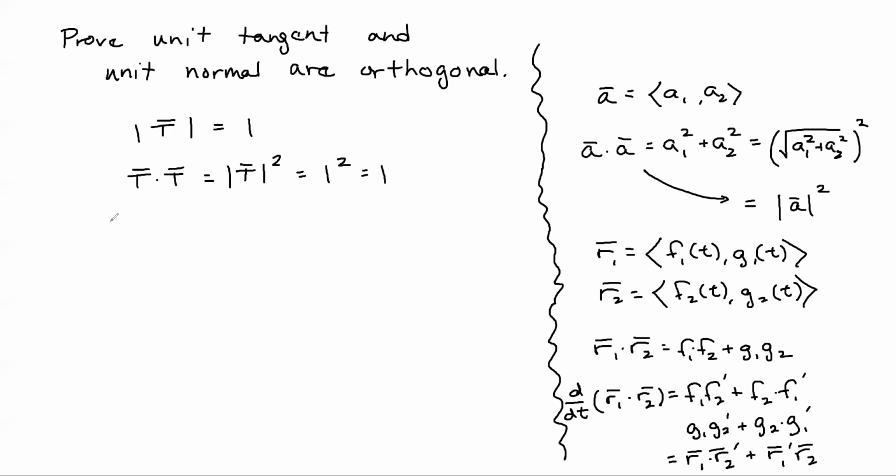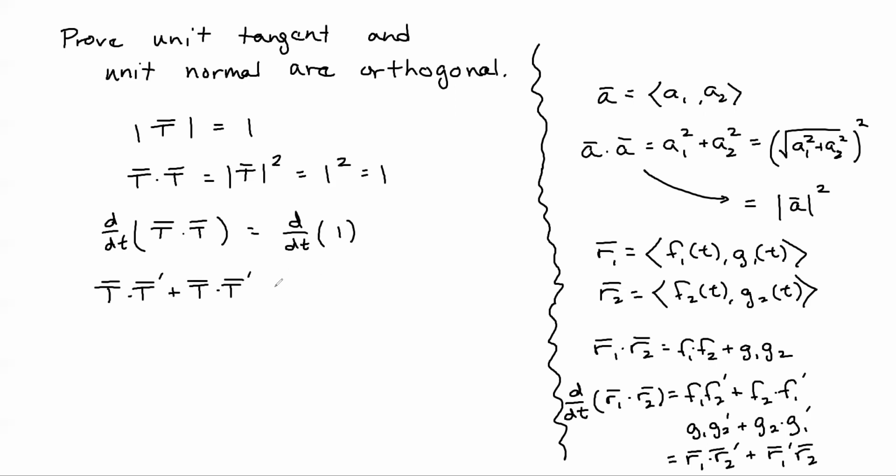And now we can differentiate both sides of that result, differentiating T dot T, differentiating 1. If we do that, we end up using this second result here. It says we're going to get the product rule on this. So we're going to get T, the first, times the derivative of the second, plus the second times the derivative of the first.